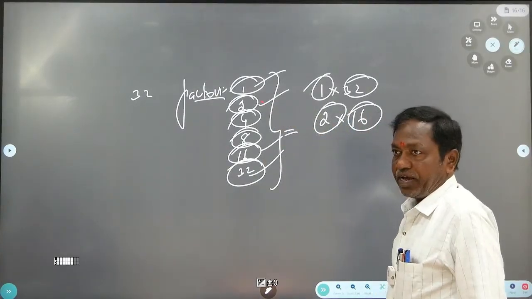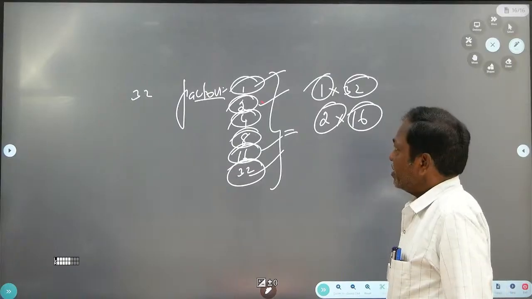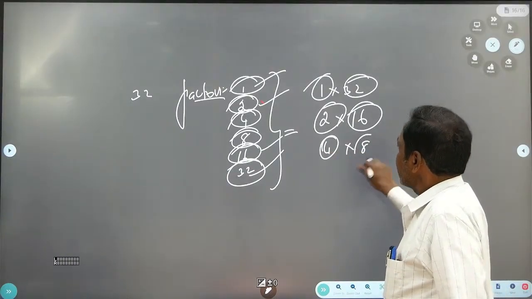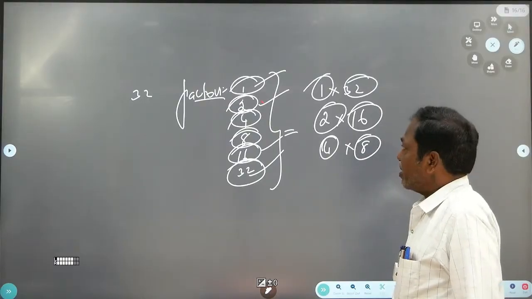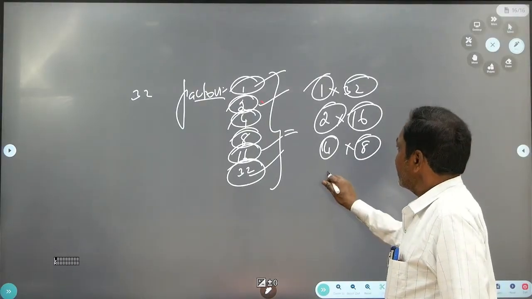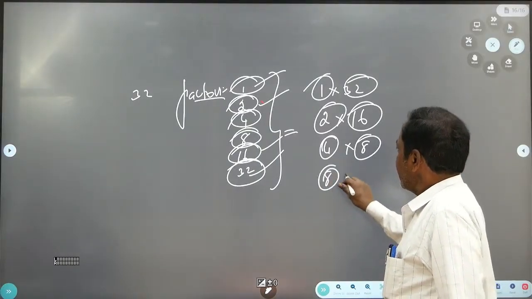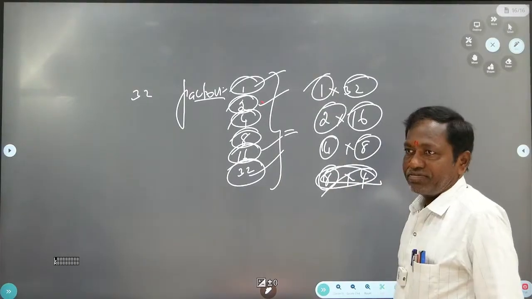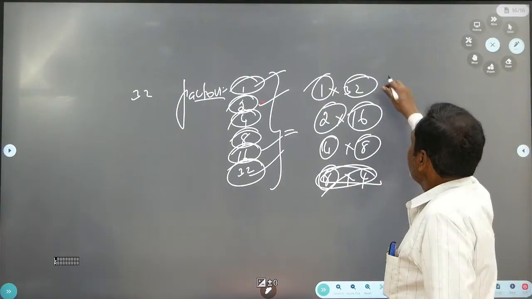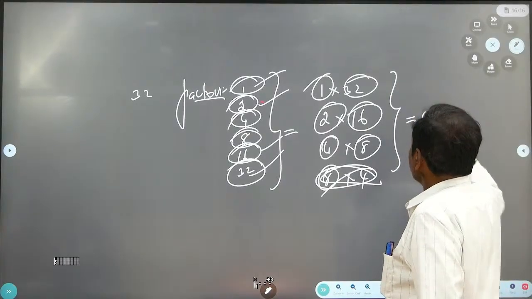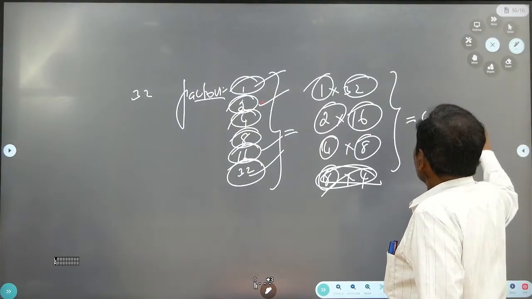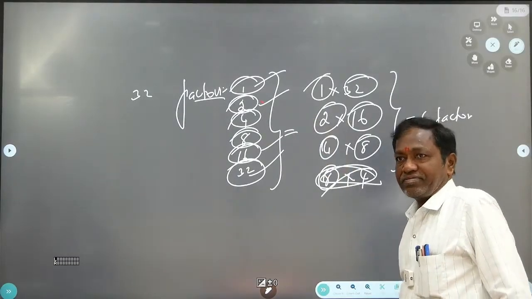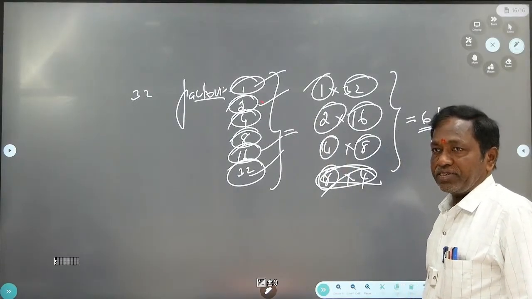Pair factors you have to see. 3 is not possible. 4 into 8. Then 8 into 4 is the same, so you stop here. There are totally 6 factors. But you have to find them in pairs.